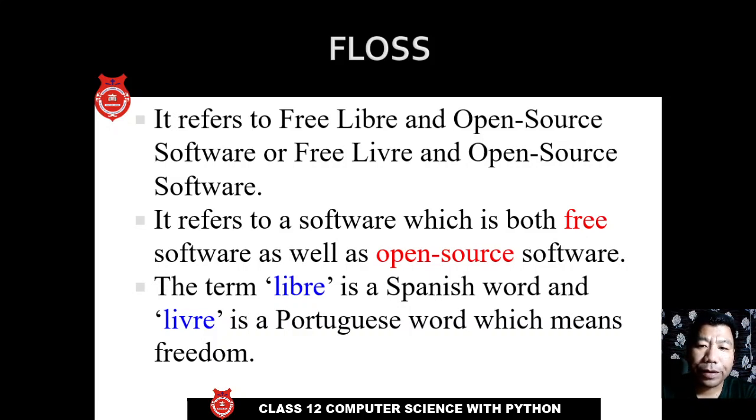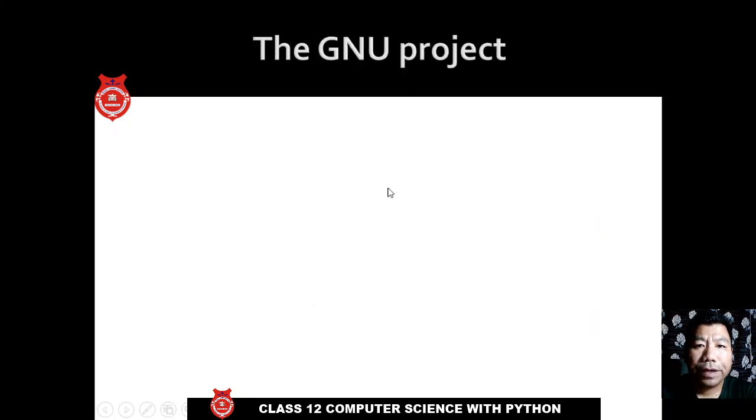So I want you to know the difference between free and open source. The term Libre is a Spanish word, and livre is a Portuguese word, which means freedom. So when I say FLOSS, we are talking about the freedom in open source software.